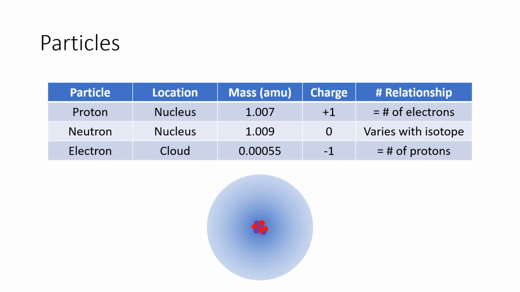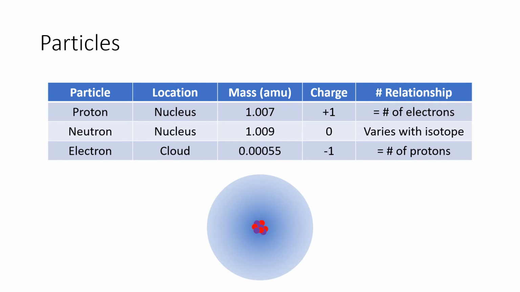In fact, that's about 2,000 times less than the mass of a proton. In terms of charges, the proton is a +1, the neutron is neutral or 0, and the electron has a charge of -1.